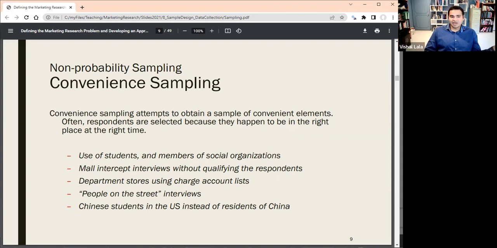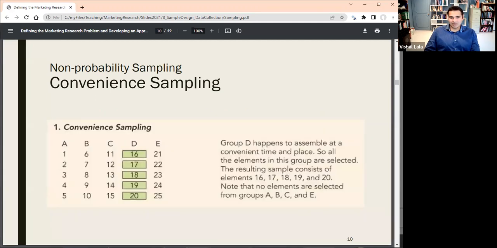Yes, understandably, Chinese students are not the same as those living in China. They are demographically different, and perhaps their perceptions may have evolved as they move to America for higher studies. Yet, this serves as a convenience sample, simplifying the task of gathering data. And that's convenience sampling for you.